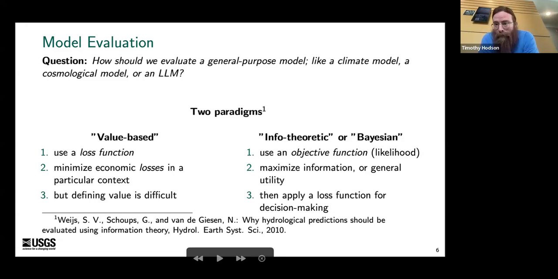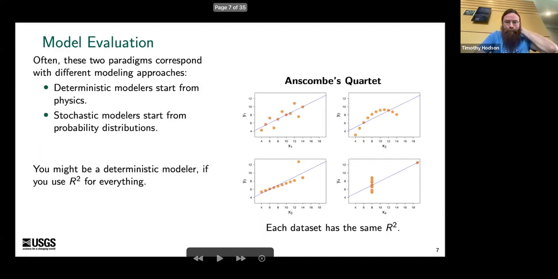And in this paradigm, we can still make loss-based decisions, but typically we first calibrate for information. Then once we have this optimal model, we can apply a loss function in our decision making. I won't talk too much about that today, but that is generally how value is taken into account.